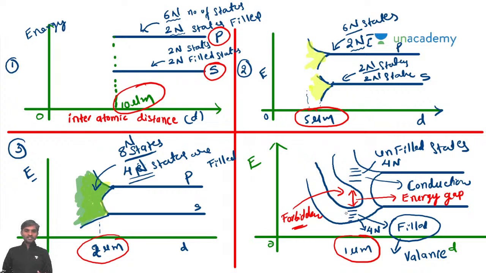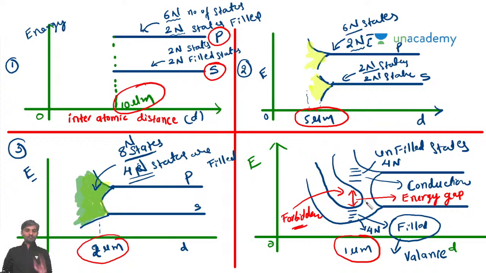All the energy bands which are filled with electrons are called the valency band, and the unfilled states are called the conduction band. The gap between the conduction band and the valency band is called the forbidden energy gap. Did you guys understand or not?